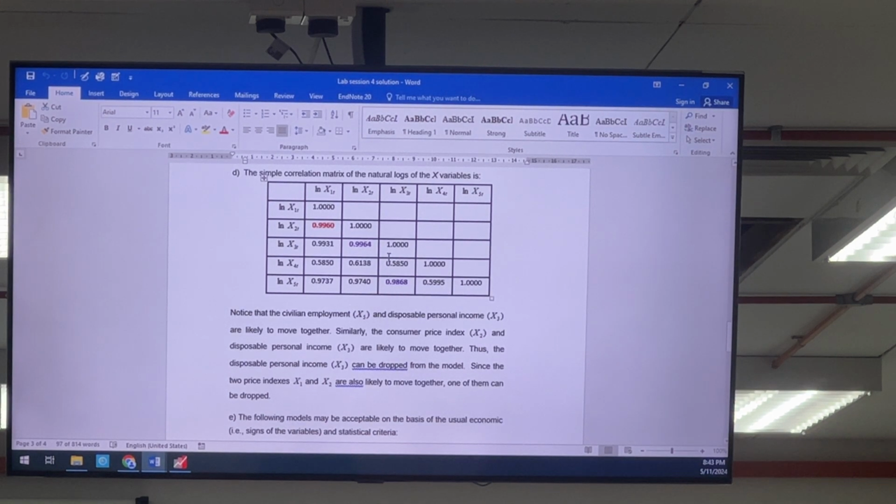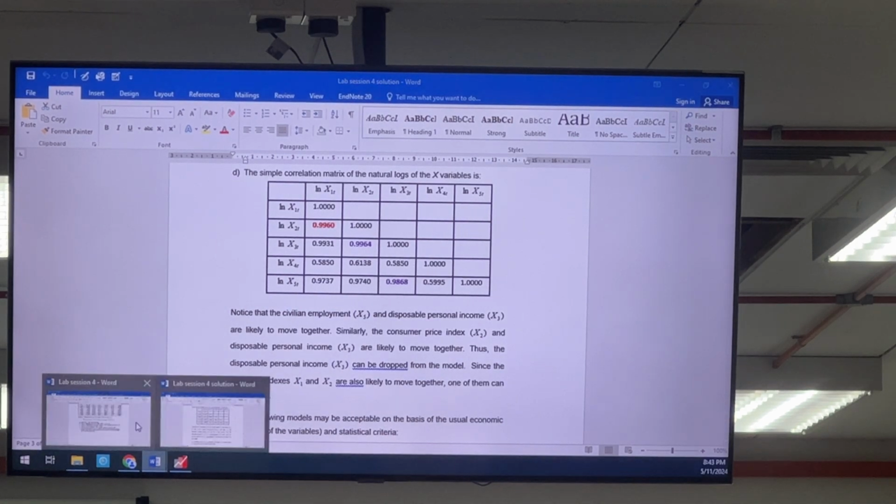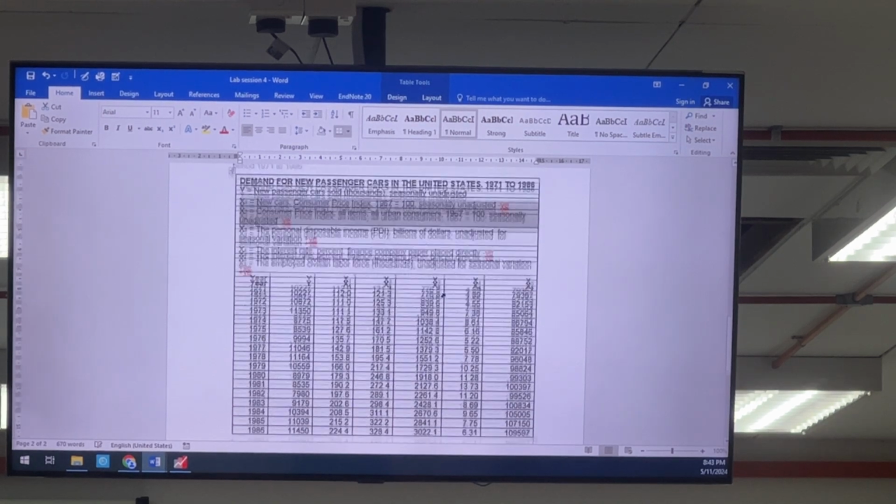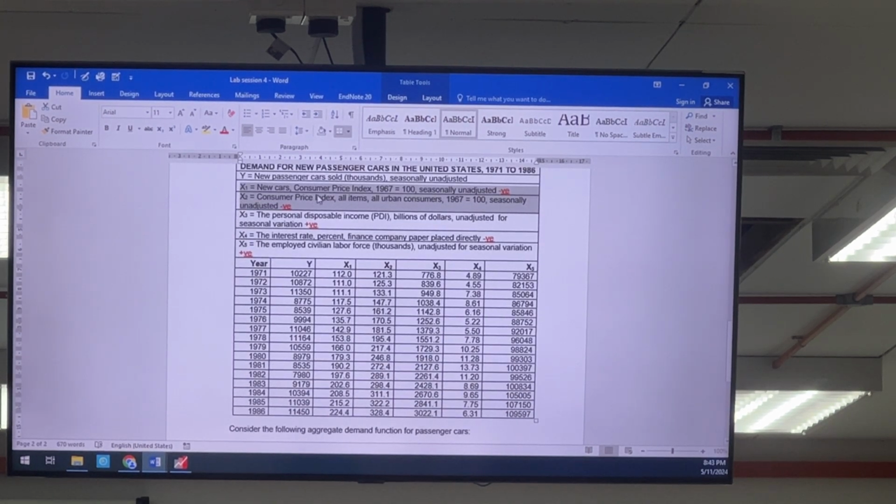So x3 is the income. But we have another variable that can also be a proxy for income, the number of level force. At the same time, x1 and x2 both represent similar variables. Both are CPI. The only difference is that x1 is CPI for new cars only, while x2 is CPI for all items.